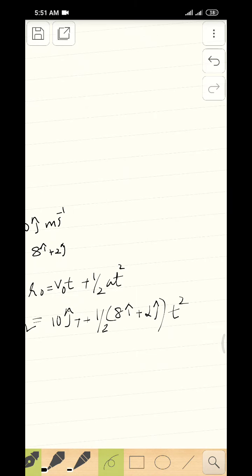So this will be equal to 10 t j cap plus 4 t square i cap plus t square j cap.